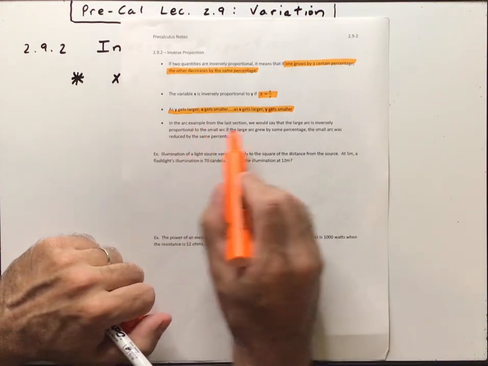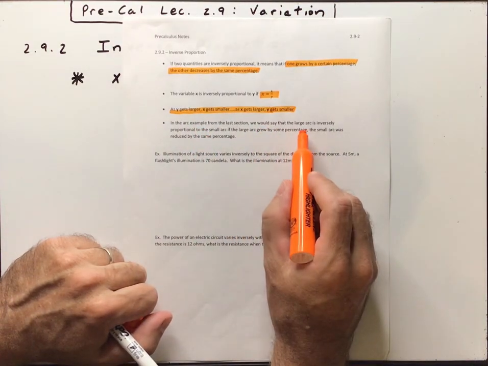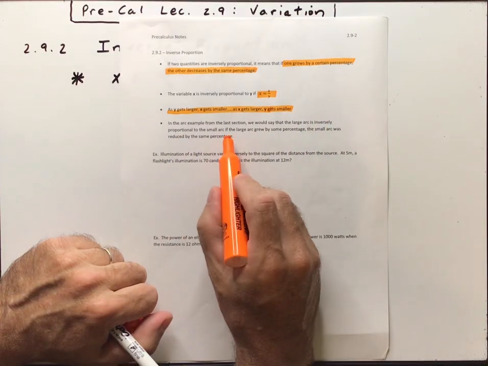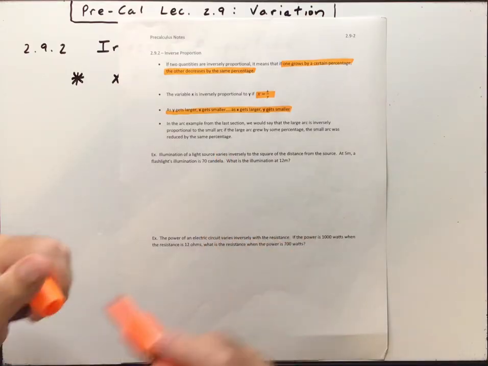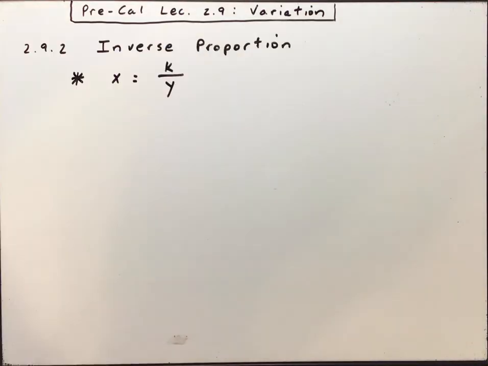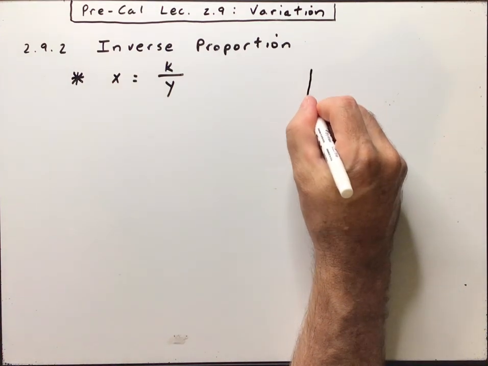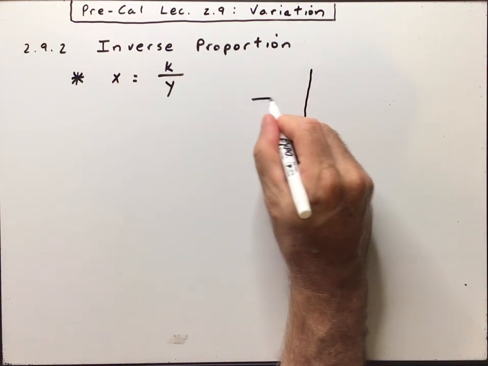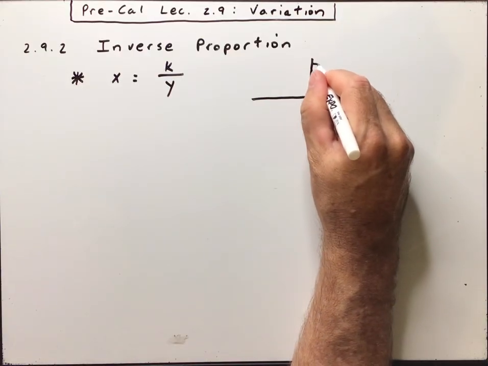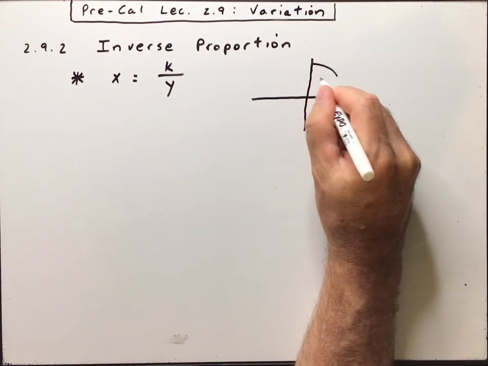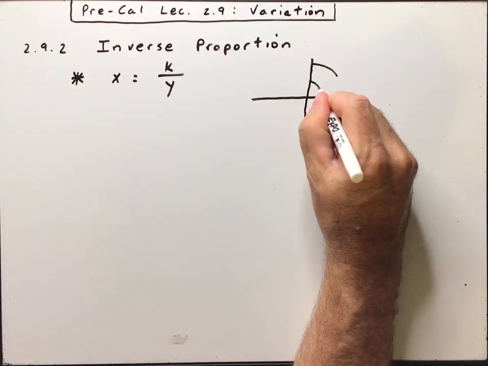In the arc example from the last section, we would say that the large arc is inversely proportional to the small arc. If the large arc grew by some percentage, the small arc was reduced by the same percentage. All right, well, let's draw that out. Let's say we have a large arc and then a smaller arc.